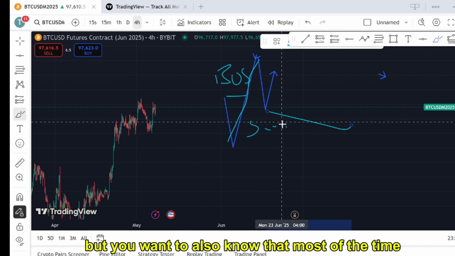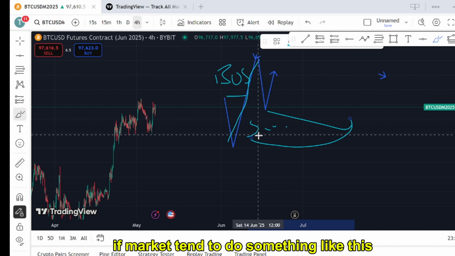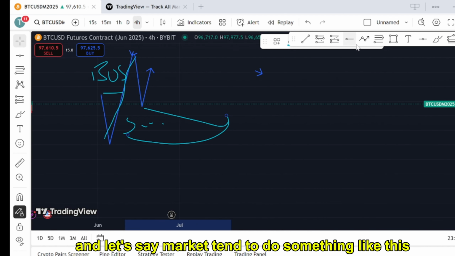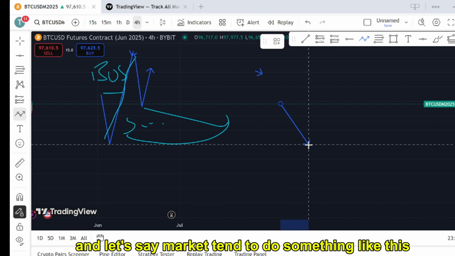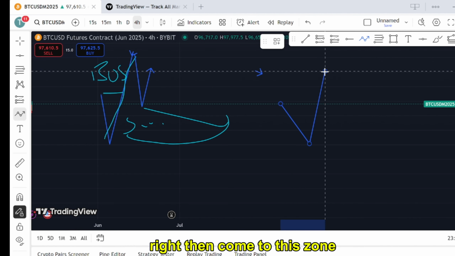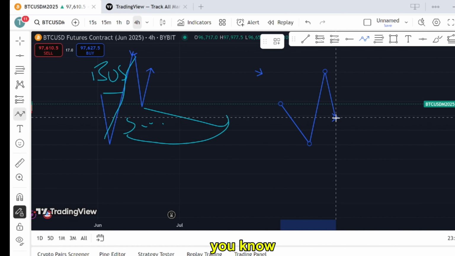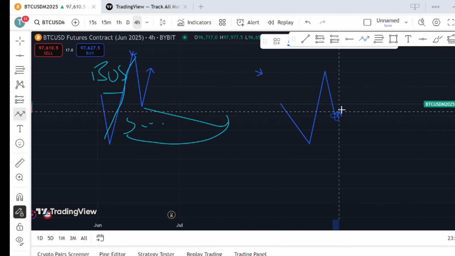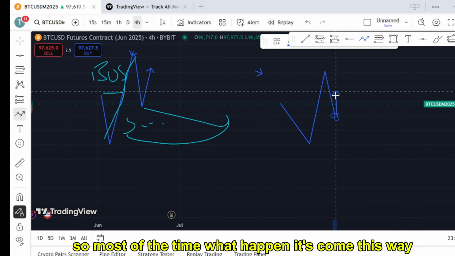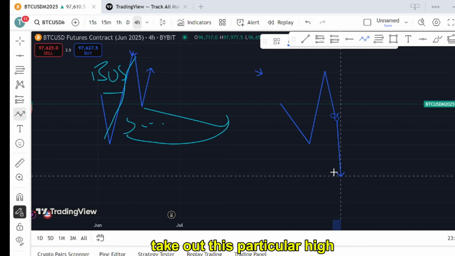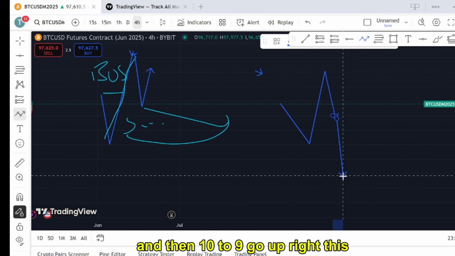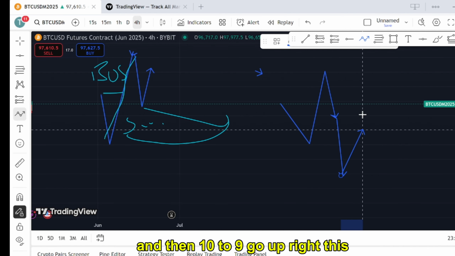But you also want to know that most of the time, if the market does something like this, and then comes to this zone, instead of respecting this zone and going up from this top, it comes this way, takes out this particular high, and then goes up like this.